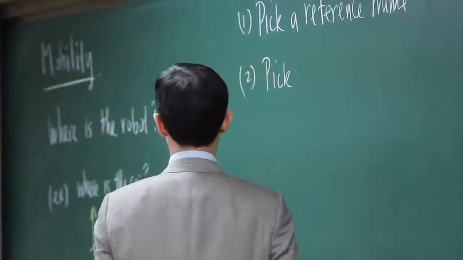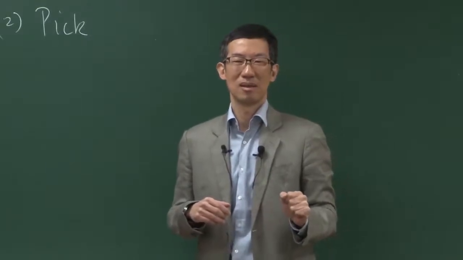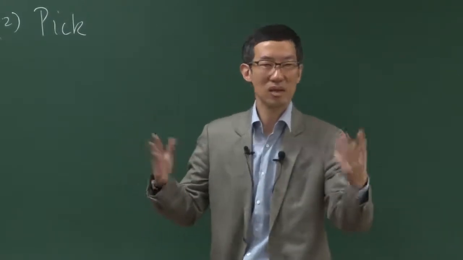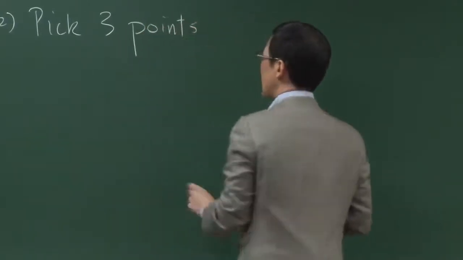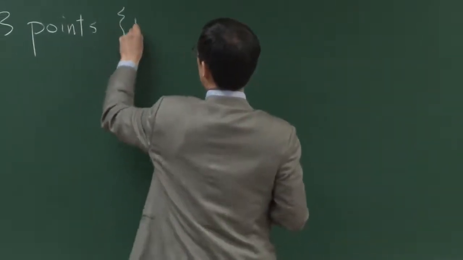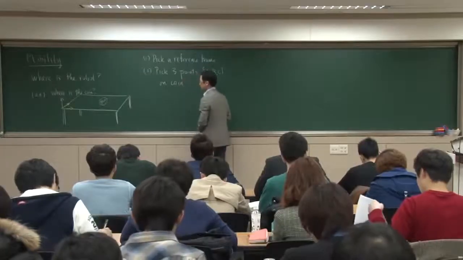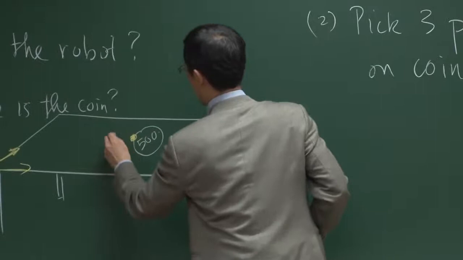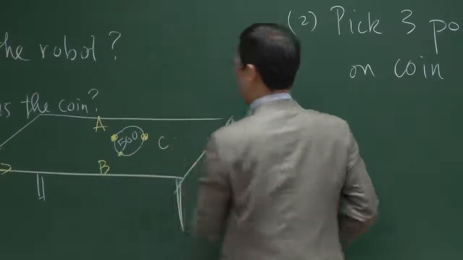How many points should we pick? Well, 1 probably won't do, right? 2, let's pick 3. We'll see later why we need to pick 3 points. So let's call these 3 points A, B, C on the coin. Here are my points. Here's A, here's B, and here's C.